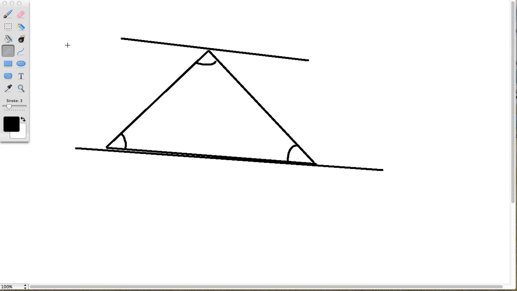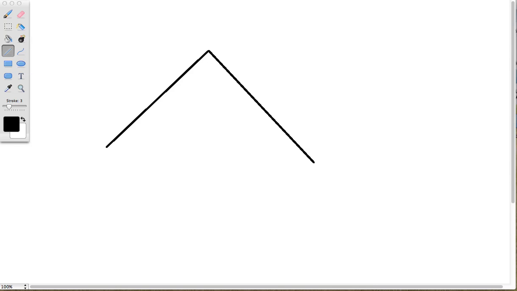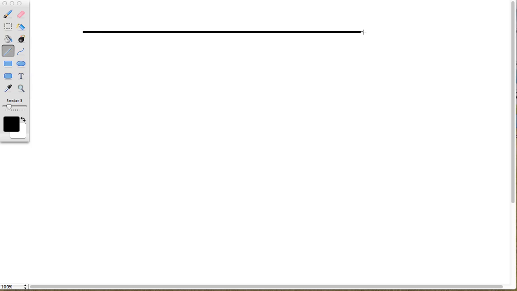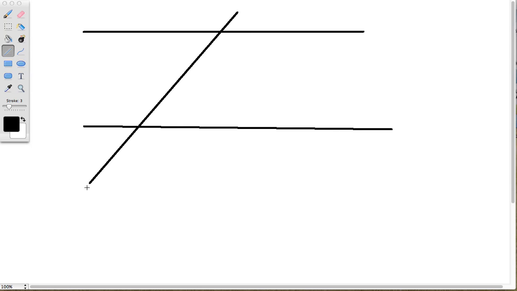Let me redo this. So let's make those two parallel lines again. And we're going to make this. And we're going to make another line that cuts through it, like that.